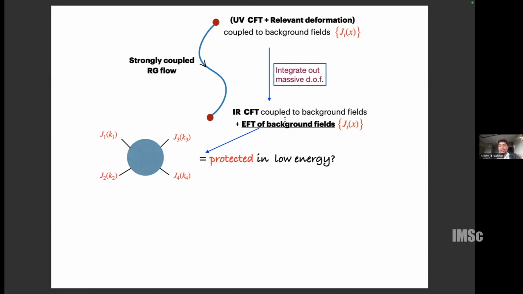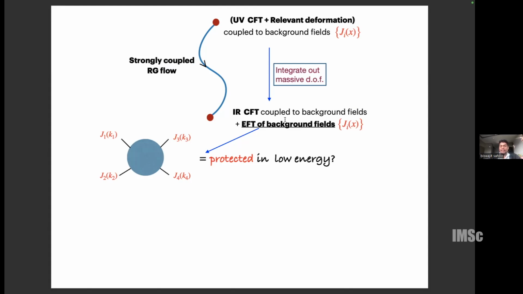Very nice. Now I'll start with this full IR action and try to compute some observables involving these background fields, and see whether any observables are protected, in the sense that they are only determined by the UV CFT and IR CFT data and don't know anything about the details of the RG flow, how we deform it, or whether there were multiple fixed points in between.